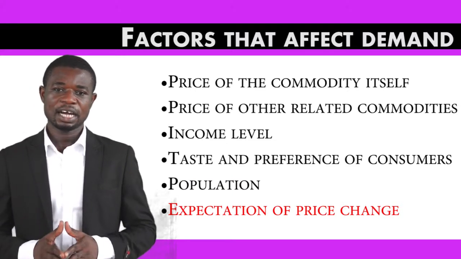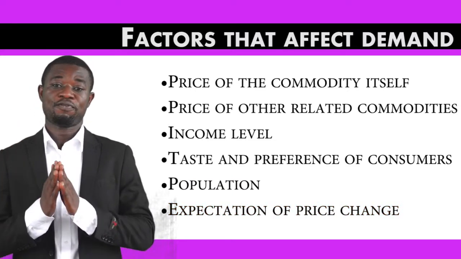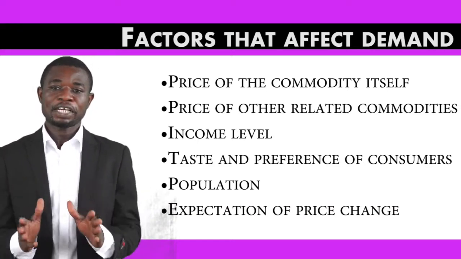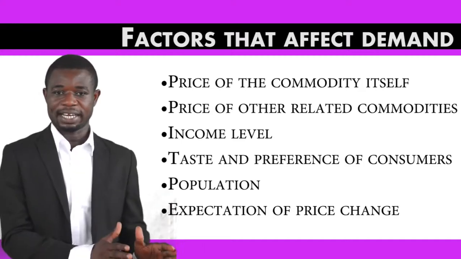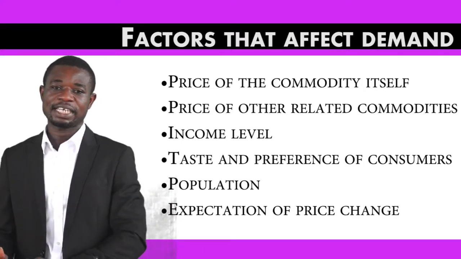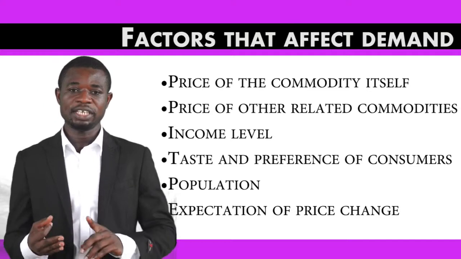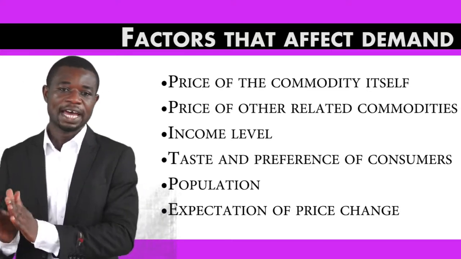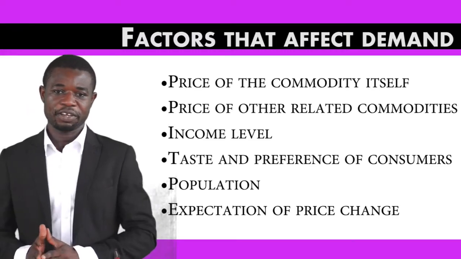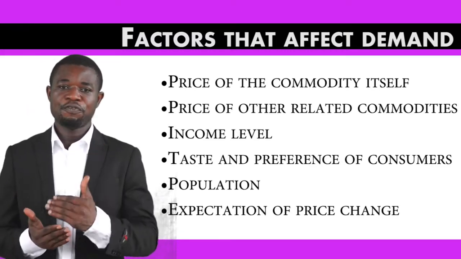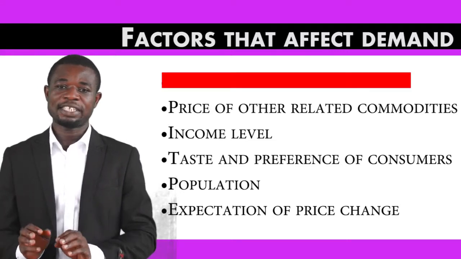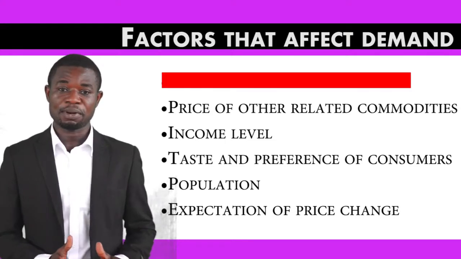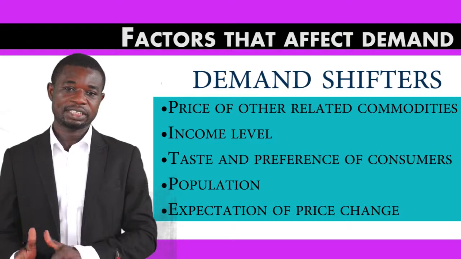There is one important thing you need to remember. All the factors that we have listed, we can group them into two. The price of the commodity itself on one side, and all other factors, that is income, population, taste and preferences, grouped under one major category. If you take the price of the commodity itself out, then all other factors that we have just talked about are called demand shifters.